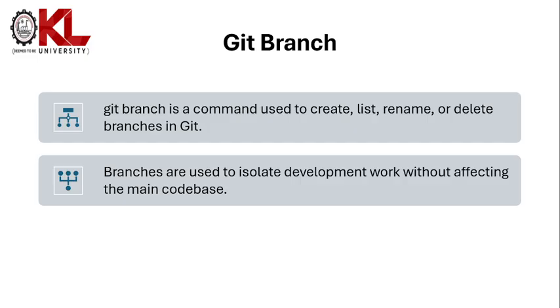This concept allows developers to work on branches without affecting the main branch. We know the Git repository has a default branch named main. So, without affecting the code, the developer will work on a separate sub branch.